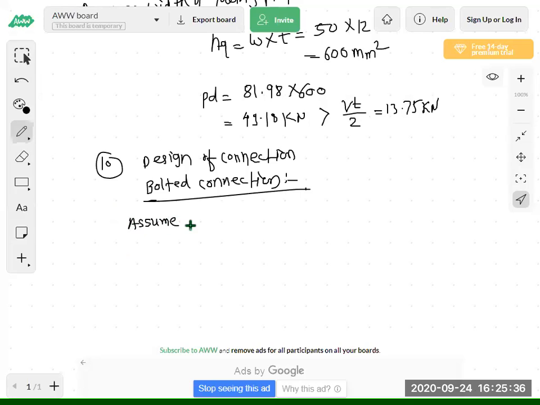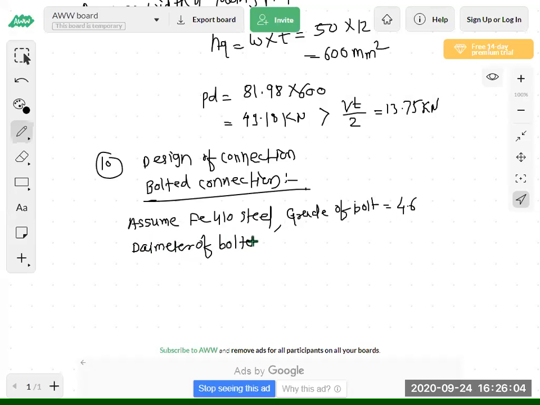Assume Fe410 steel. Then we have to assume grade of bolt. So we will assume grade of bolt 4.6. And again we have to assume diameter of bolt, because this data is not given. So diameter of bolt we will assume again 20 mm. Okay.